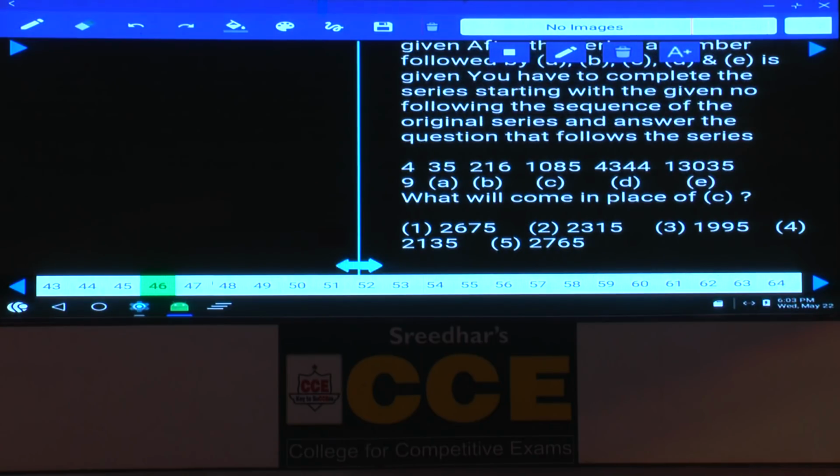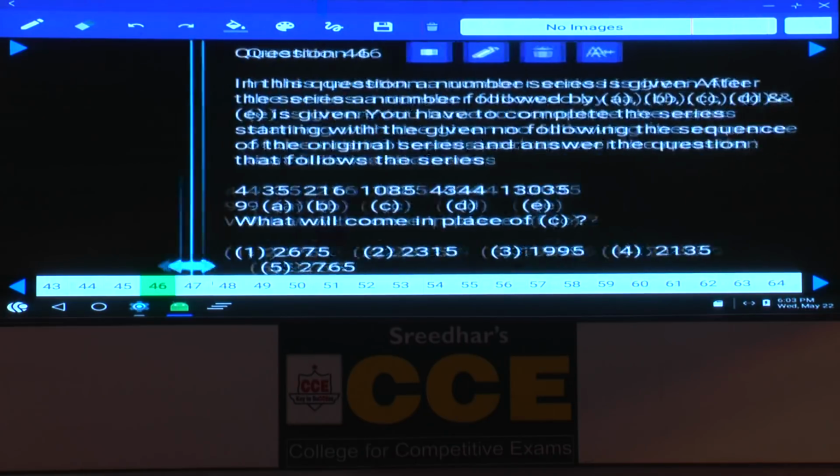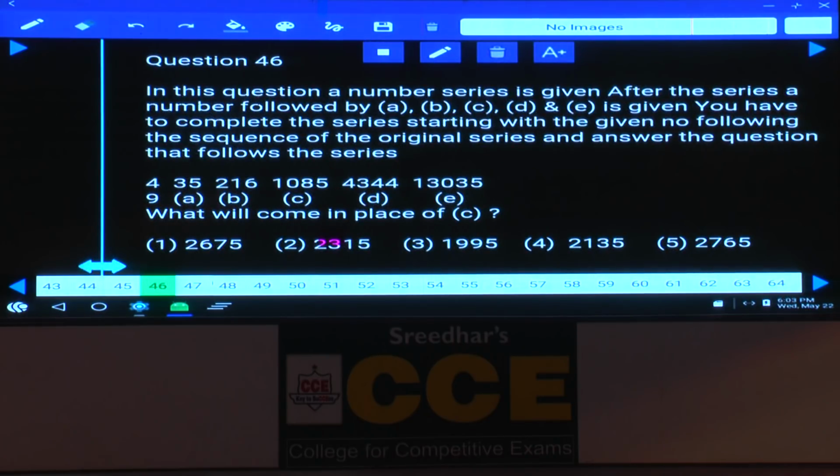Now question numbers 46 to 50. First go through the directions once. In this question a number series is given. After the series, a number followed by A, B, C, D and E is given. You have to complete the series starting with the given number, following the sequence of the original series, and answer the question that follows the series.